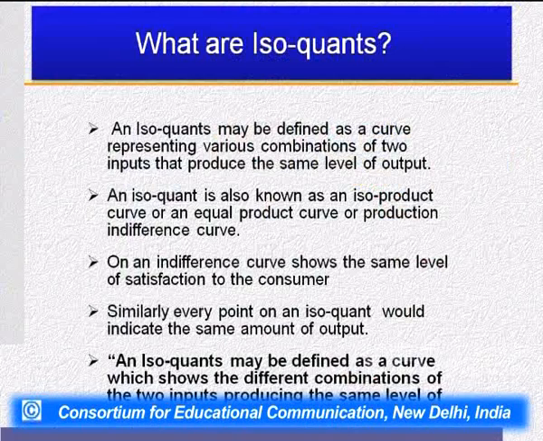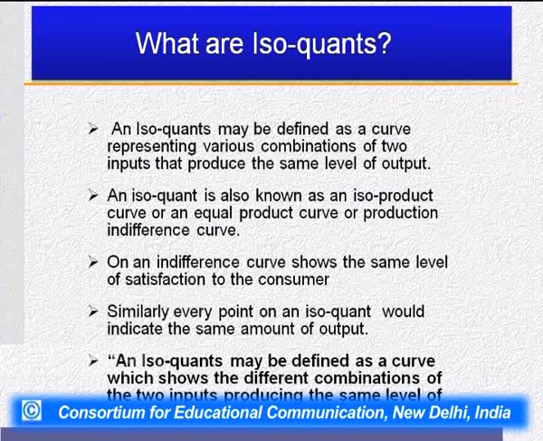An isoquant may be defined as a curve which shows the different combinations of the two inputs producing the same level of output. Suppose you put in 10 labor and 20 capital, and you get 100 output. This is combination A. Suppose you reduce the labor from 10 to 5 and increase the capital from 20 to 25.